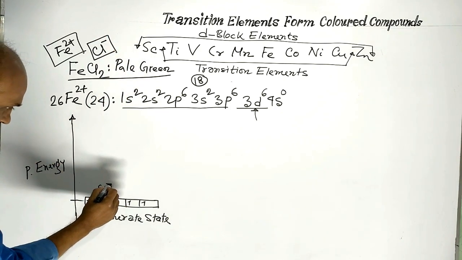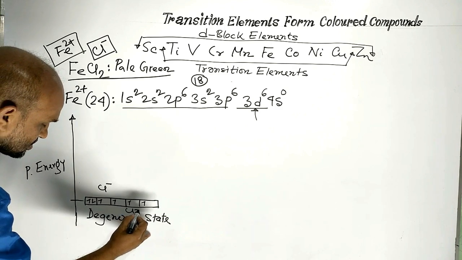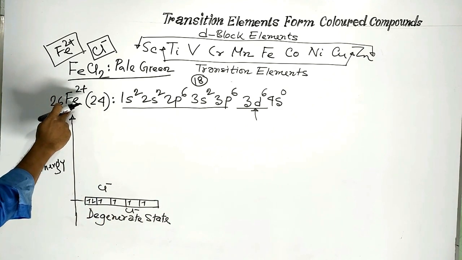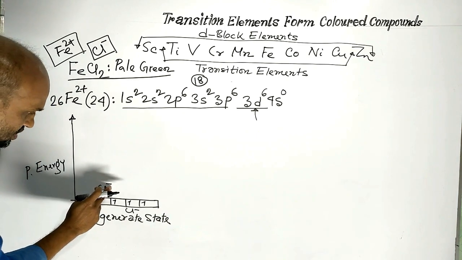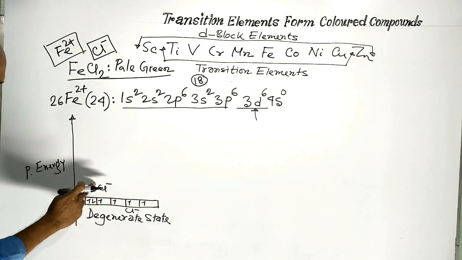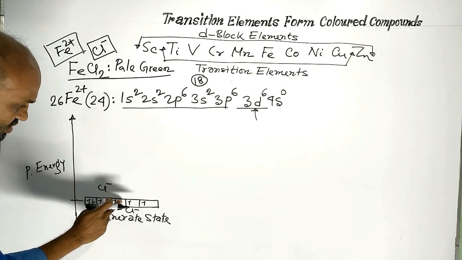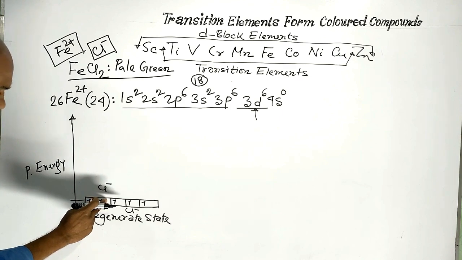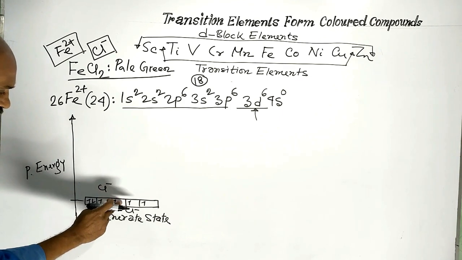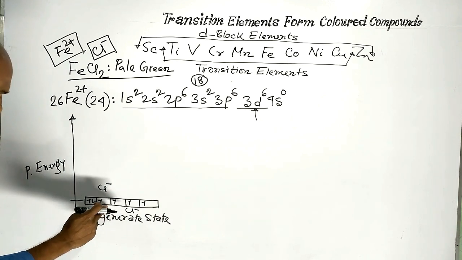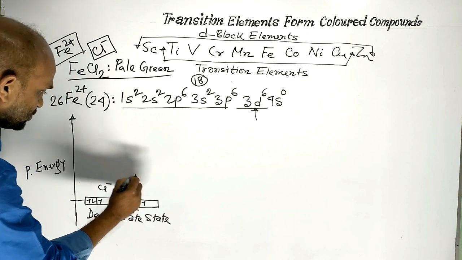When these chloride ions come closer to the metal cation, electron-electron repulsion occurs, between electrons of the anion and electrons in d orbitals. As a result, the energy of d orbitals increases in this way.